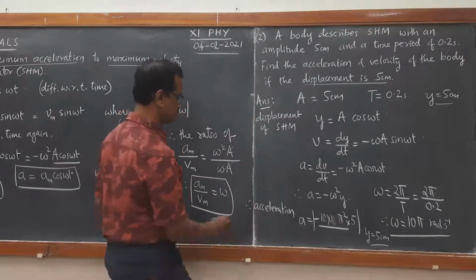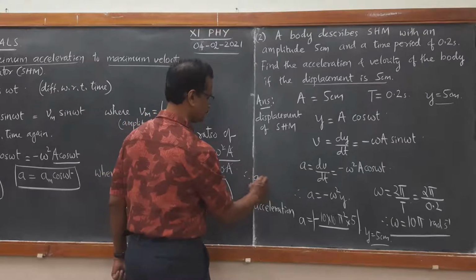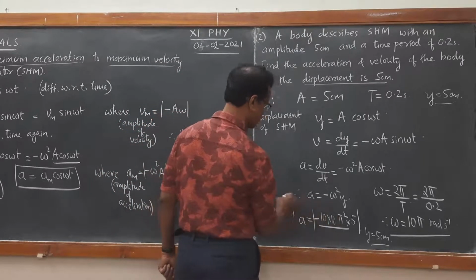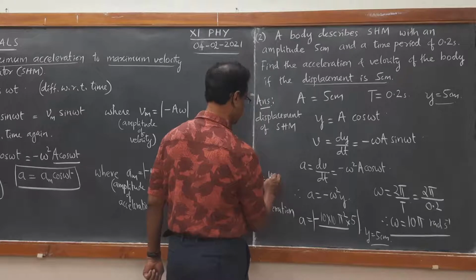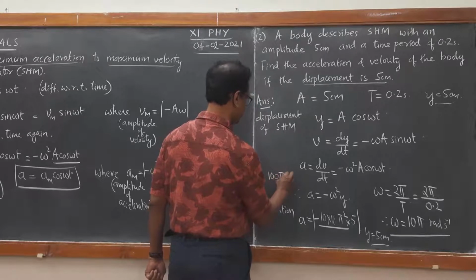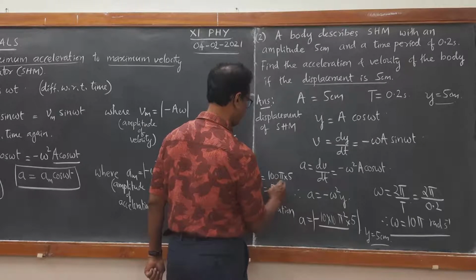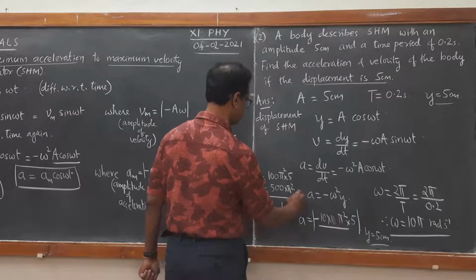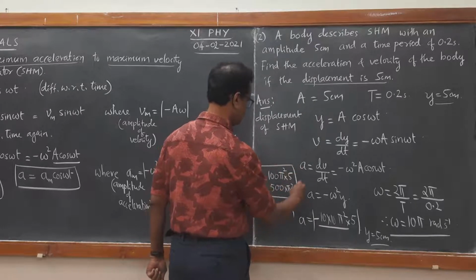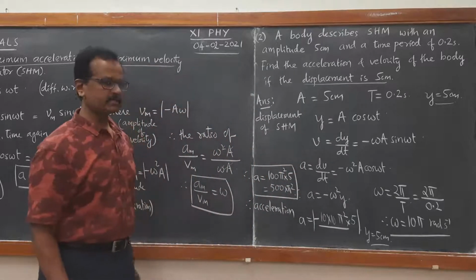That gives us acceleration. Therefore, acceleration a is equal to 100 pi square into 5, that is 500 pi square in terms of centimeter per second square.